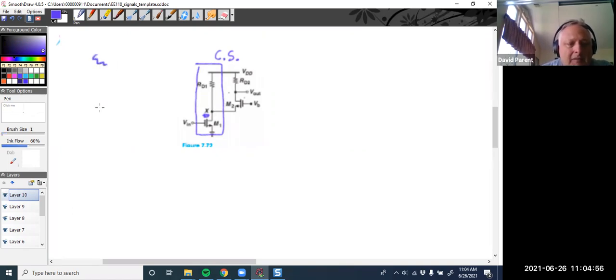That's the drain, that's the source, and that's the gate. All right. Now, interestingly, this is the output and it's going into the source of this transistor.